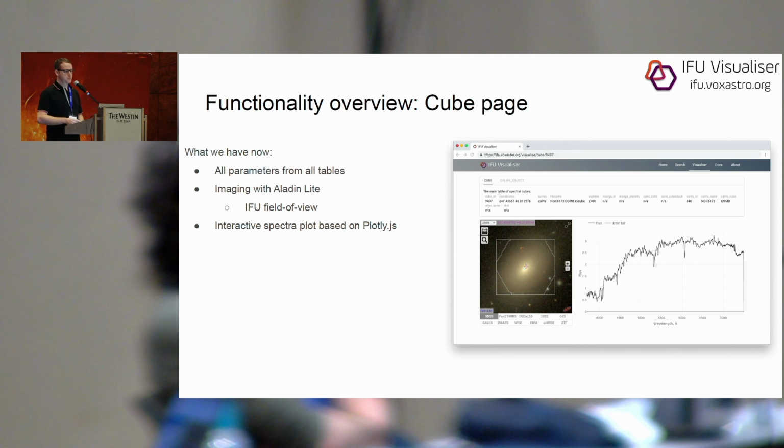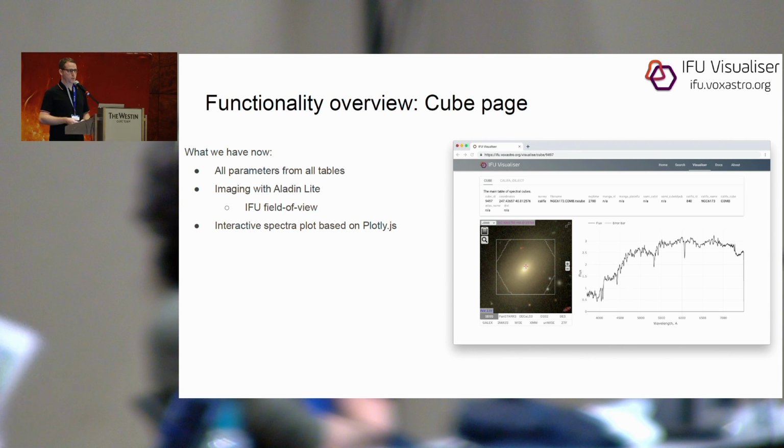Talking about the cube page, right now it has limited functionality because our IFU visualizer is still under development. But here you see on the top a few tabs where parameters from all available tables related to this particular spectral cube are available.